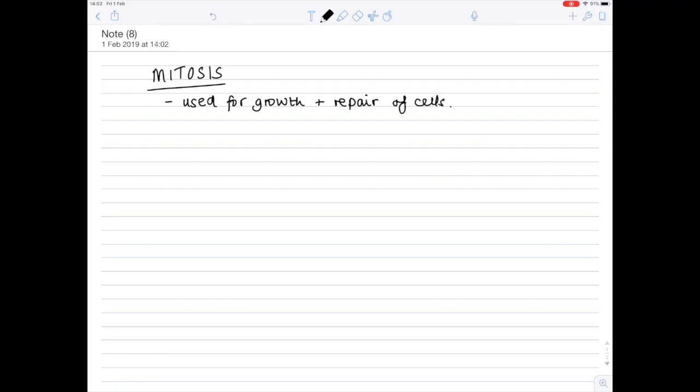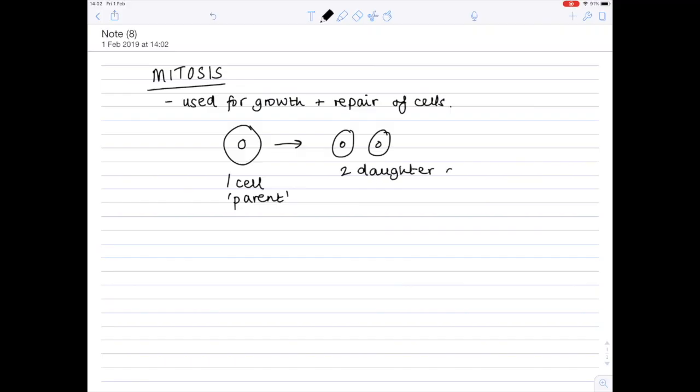And in order to grow and repair, we obviously need to take our original cells and we need to multiply them. So we've gone from one cell, and we call this the parent cell, and we've produced two daughter cells. And remember, in mitosis, these will be genetically identical because they need to carry out the same roles.